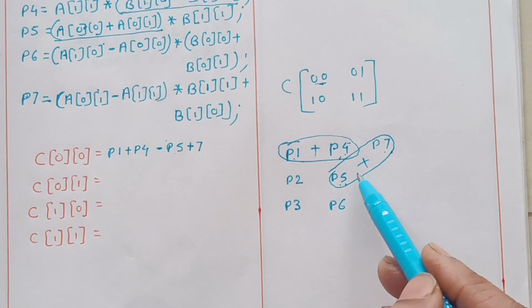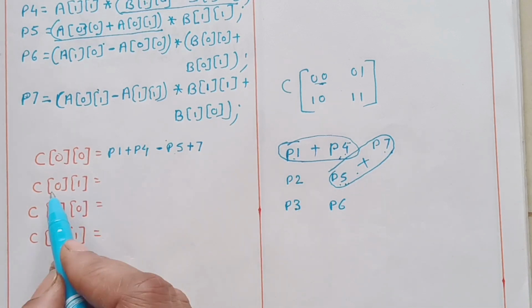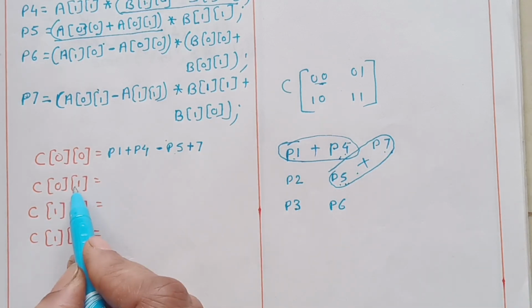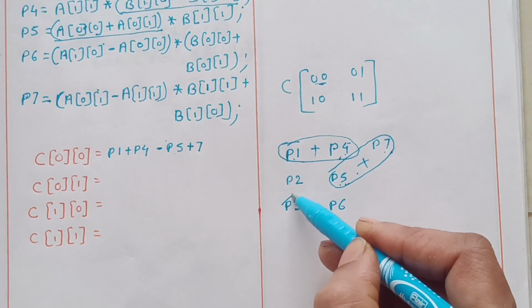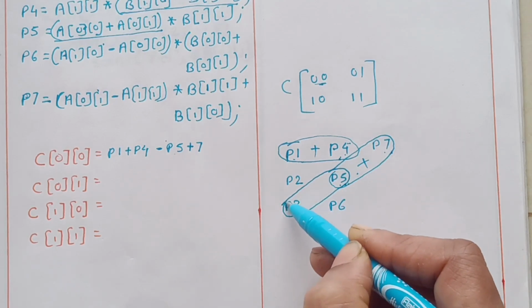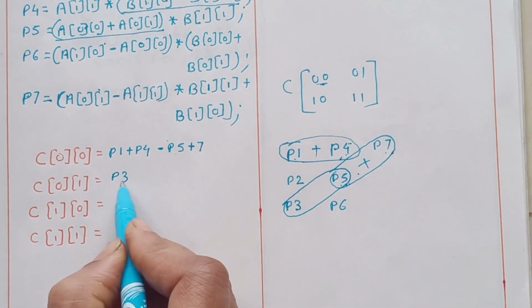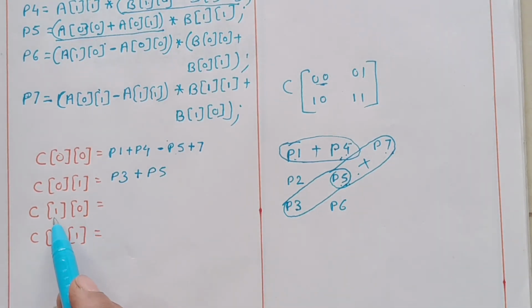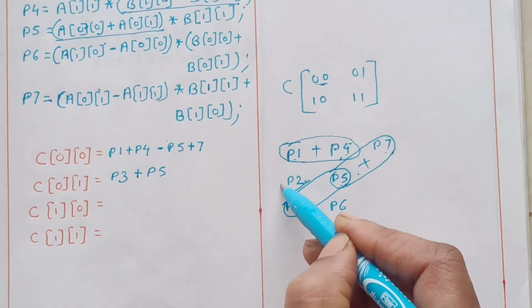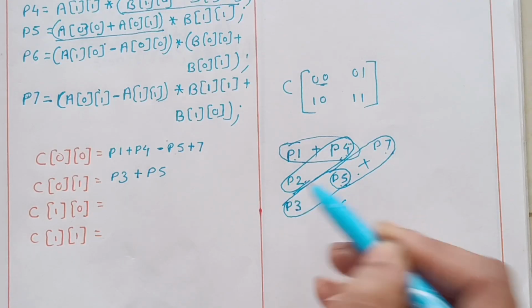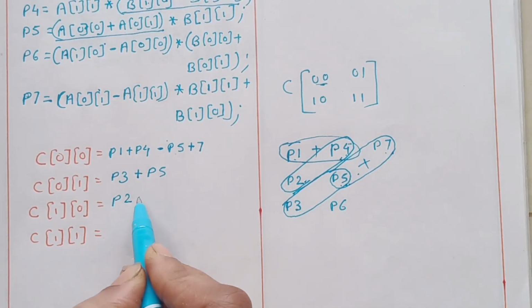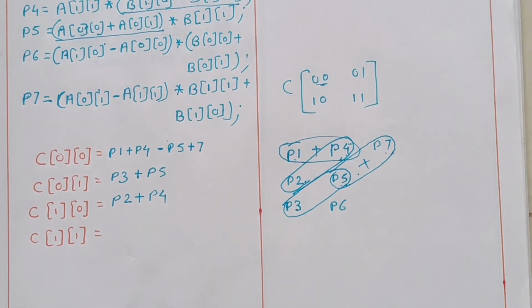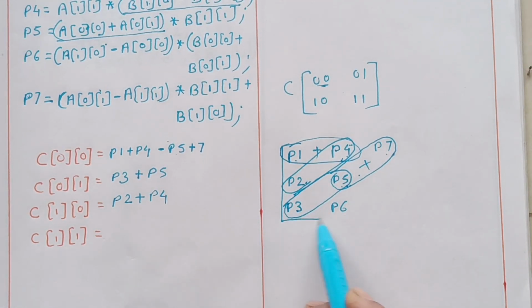Okay, from this you have to minus this one. Next, in 01 you are using this one, last diagonal. So here P3 plus P5, and for C10 you can use P2 plus P4. Is it getting? And for C11 we are using this whole and this one.